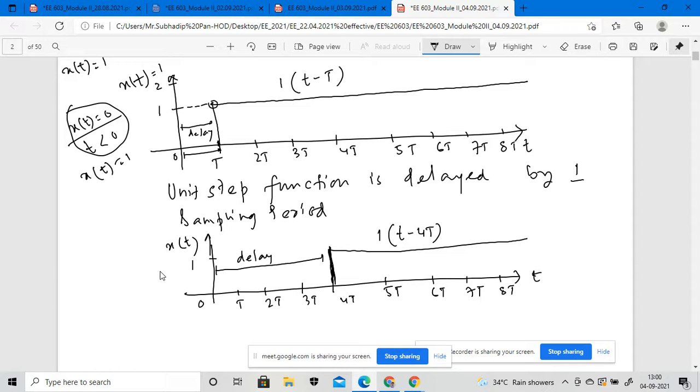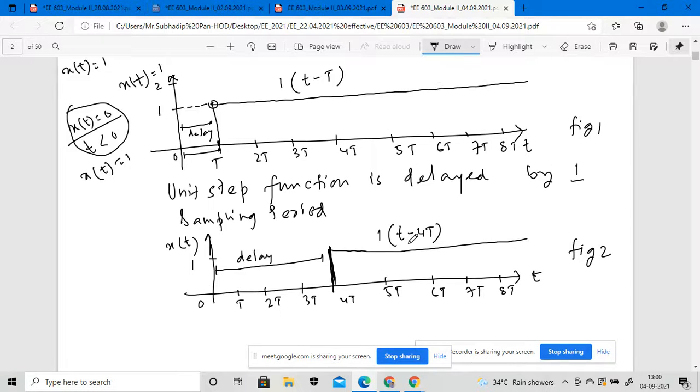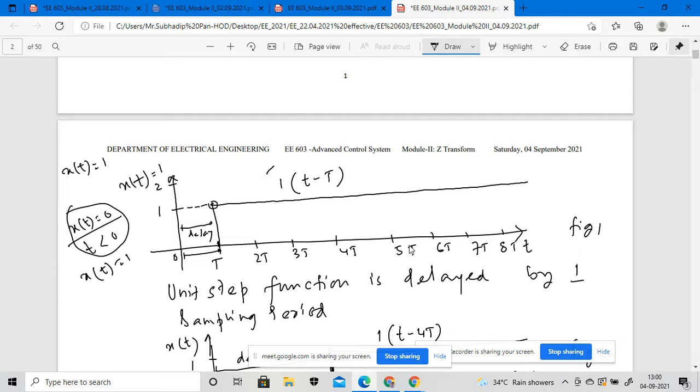That means here, this is my figure 1 and this is my figure 2. In figure 1, this is my unit step function, and it is delayed by one sampling period.